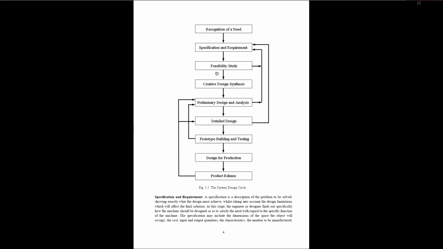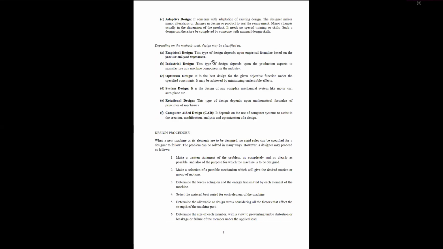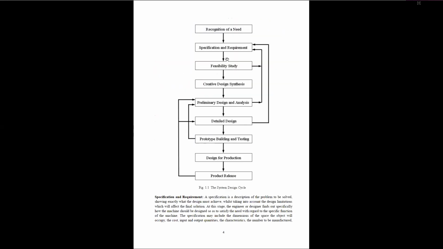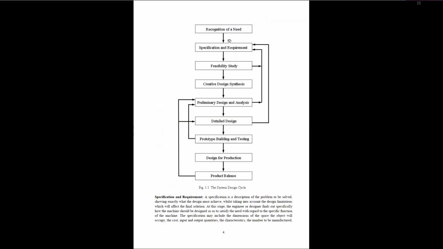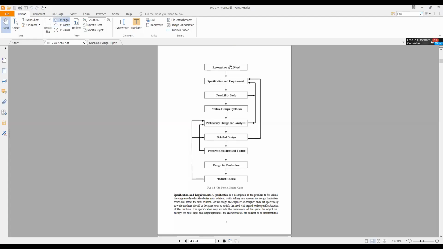Okay, so first we have recognition of the need. So there has to be a need, and after that we have the specification and requirements, then feasibility study, creative design synthesis, and we also have a preliminary design and analysis.